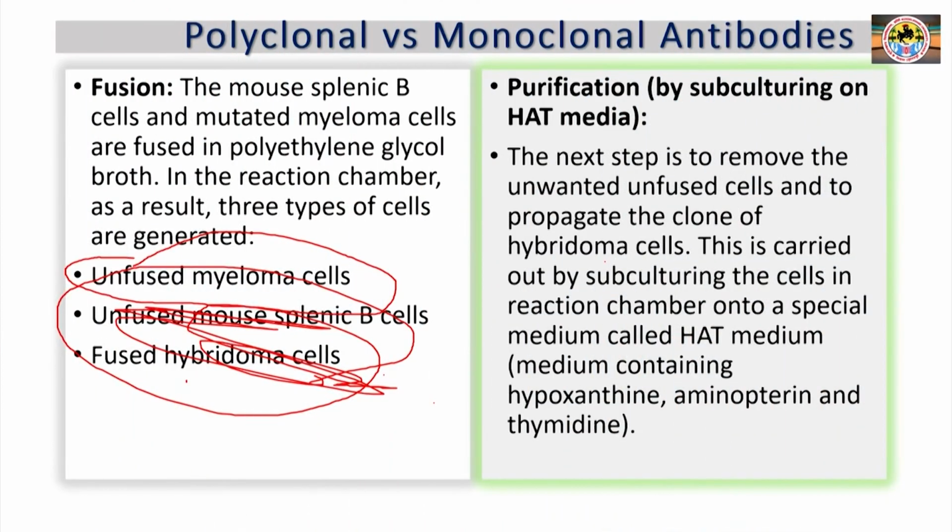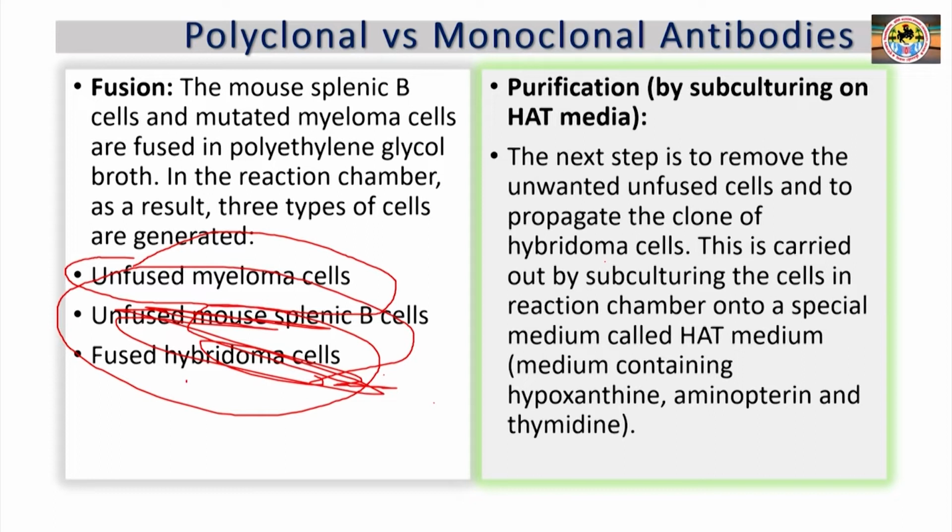Now, what are the events? Purification. After the fusion, we are going to purify the cells. First of all, we have to culture them in HAT medium, containing hypoxanthine, aminopterin and thymidine. This medium contains these three components. The next step is to remove the unwanted unfused cells and to propagate the clone of hybridoma cells, because we want to remove unfused myeloma cells and unfused B cells.